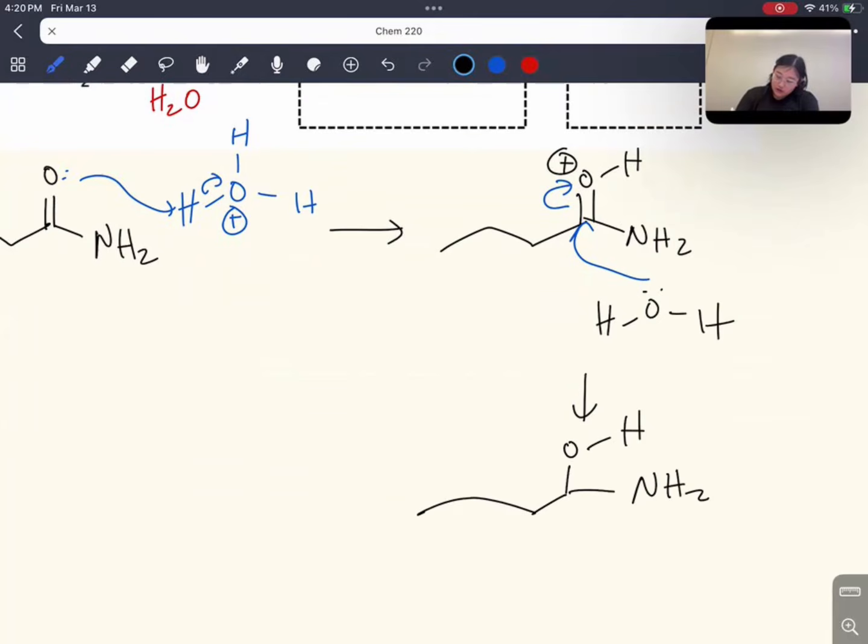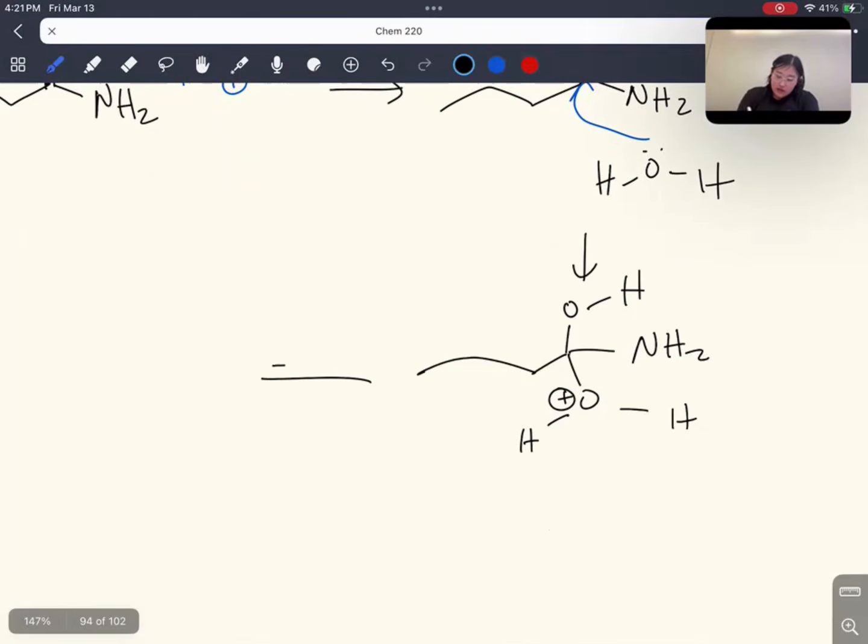Similar to oxygens, nitrogens can also become protonated too. And so what's going to happen is a hydrogen transfer, either to the acid or intermolecularly. But the nitrogen will rip off an H over here.